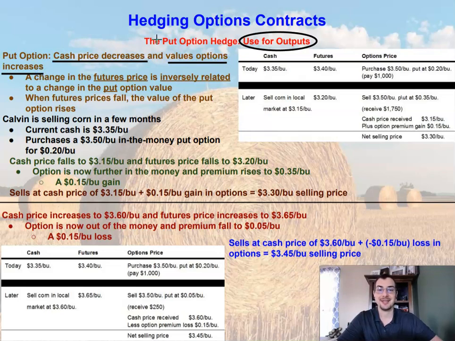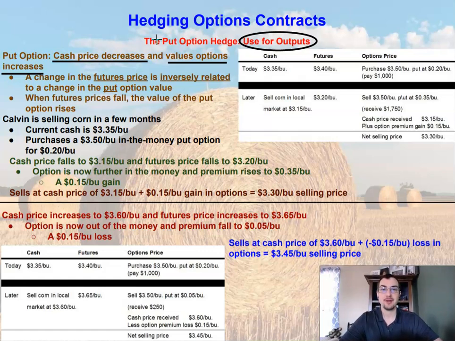Well, why is that the case? Remember, this gives you the right but not the obligation to sell at a specific price. So if the cash price is decreasing and the underlying futures price is decreasing, because typically the cash price and the futures price are going to decrease at the same time, it's making that put option more in the money.